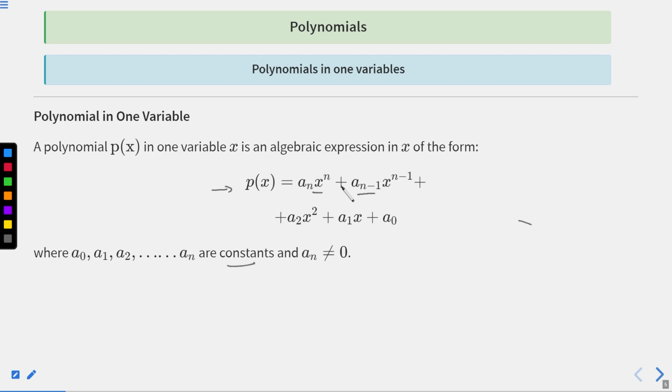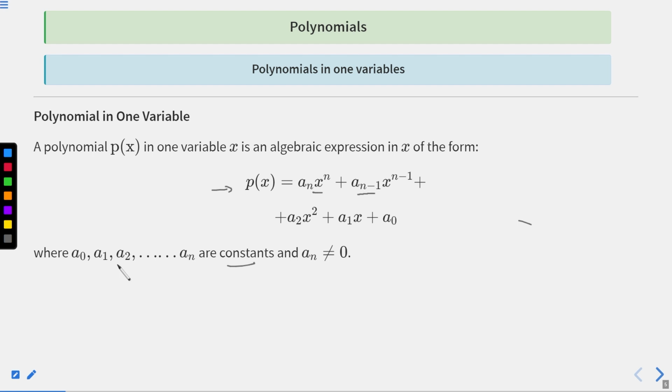A variable is something which varies in an expression, and a constant is a value which does not vary in an expression. So a naught, a1, a2, dot dot an are called constants, and here an does not equal 0, and the power of the variable x should be a whole number.